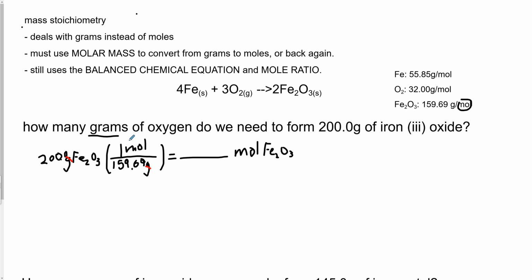The only unit that survives is moles. Keep in mind, the number that hooks up with grams is always going to be the value that's not 1. It's going to be the interesting number. The thing that goes in front of moles when you're doing a moles to grams or grams to moles conversion is always going to be 1. So grams to moles, moles is always on top. Grams is always on the bottom with the cool number.